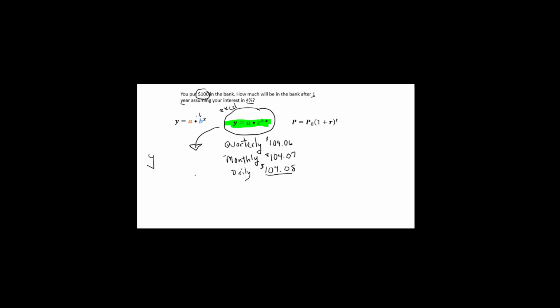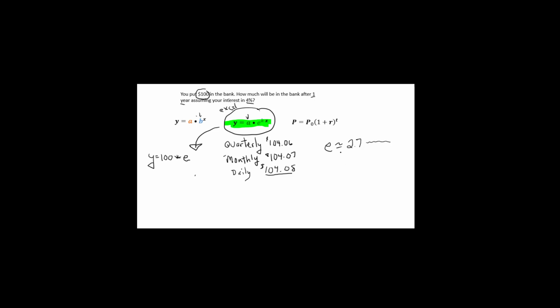So my output equals my initial value. That's A. Times E, which is Euler's number, which is approximately 2.7, blah, blah, blah.